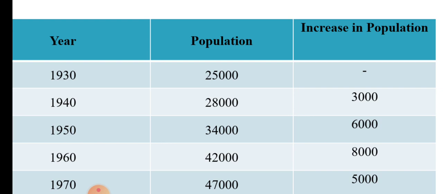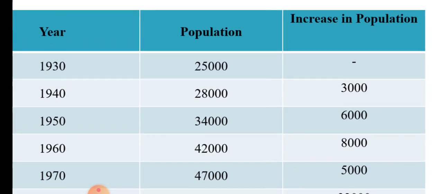Likewise, in 1940 the population is 28,000 and in 1950 it is 34,000. That means for that decade, the increase in population is 6,000.